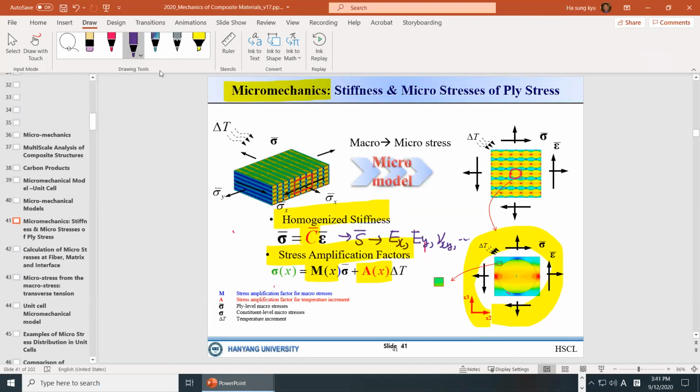One more step. What do we do with this stress amplification factor? Well, it is applied to the strength of the resin and fiber. What can we do? We predict the strength of the UD composites.